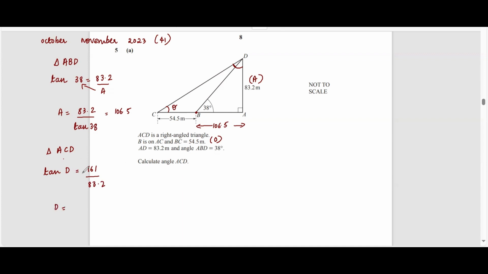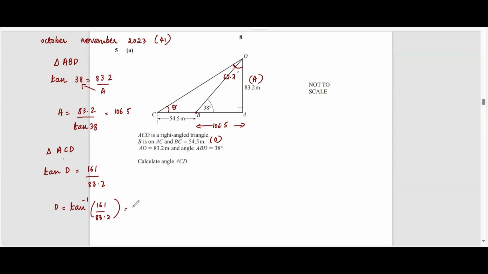To get D, take tan to the other side, it becomes tan inverse. Tan inverse of 161 over 83.2. Let's put that in calculator. That gives me 62.7 approximately.